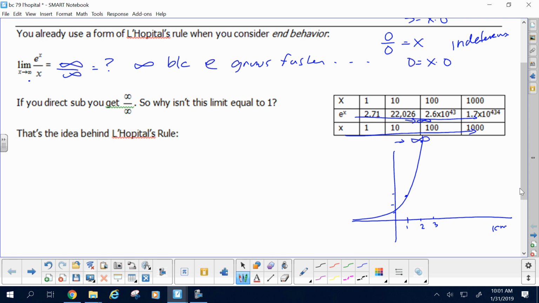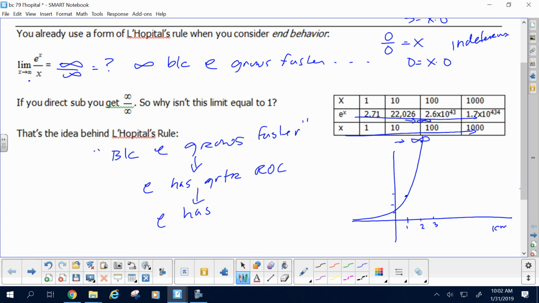Understood? Now, when I say that this goes to infinity because e grows faster, that's the same as saying e has a greater rate of change, which is to say that e has a greater derivative.